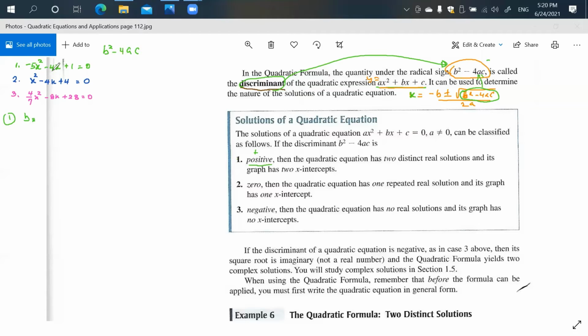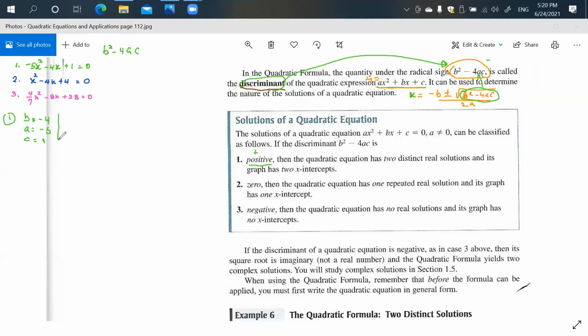So b is negative 4, and you have to carry the negative sign. Next, a is the coefficient in front of x squared, which is negative 5. And c is the constant, so plus 1.